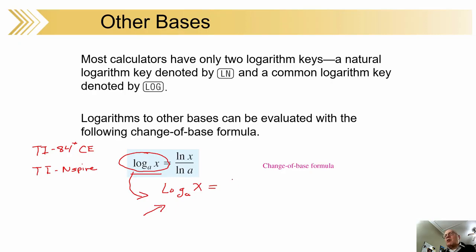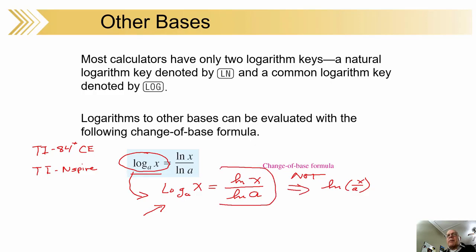And since we like using natural logarithms the most, natural logarithm, one's on the top, one's on the bottom, the one on the bottom, and the one on the top. It's that easy. The only thing you have to remember is do not accidentally do this. It's not the natural logarithm of x over a, it's the natural logarithm of x over the natural logarithm of a. You have to make a fraction of it.